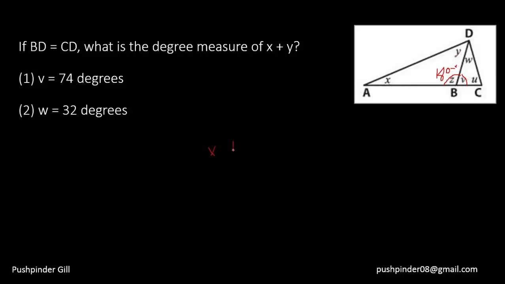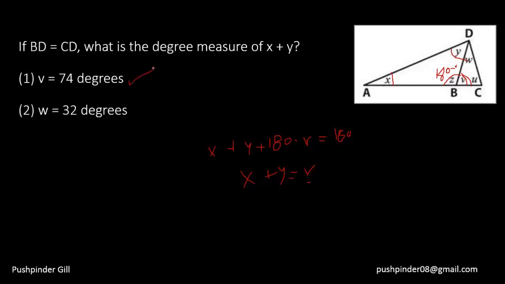Similarly, x plus y plus 180 minus v is equal to 180, or I can say that x plus y is equal to v. Well, this is again a property: the exterior angle is equal to the sum of the two opposite interior angles. I forgot to mention that. So I just need to know the value of v, and I would very well get the value of x plus y.